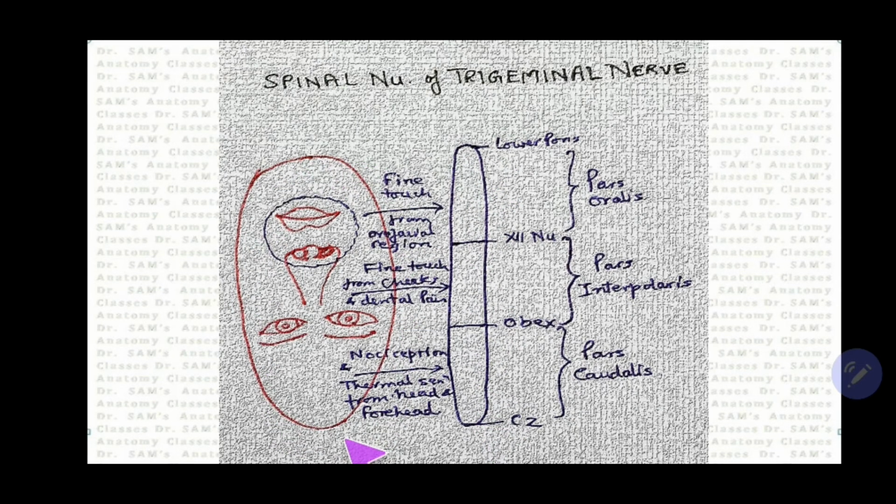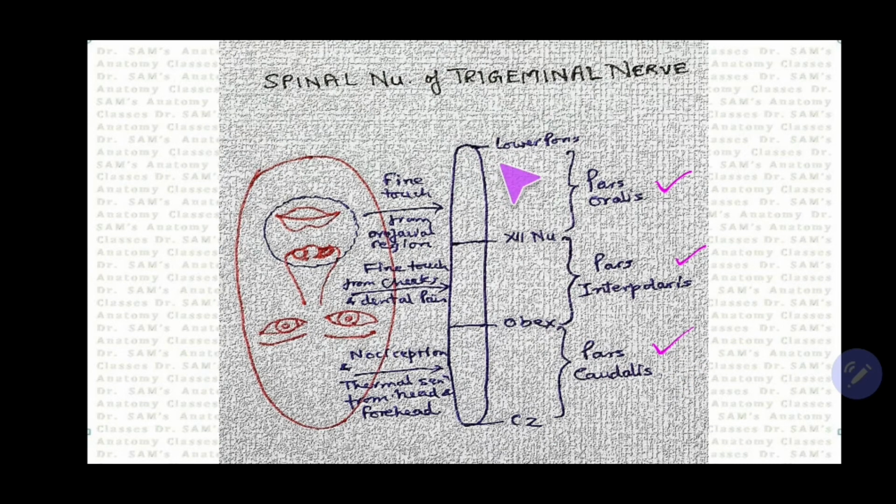That's how I have drawn it here, to make it convenient to understand. They have divided this portion, the upper segment, as pars oralis. Then the middle portion is called pars interpolaris, and the lowest portion is called pars caudalis. Caudalis is the tail portion.